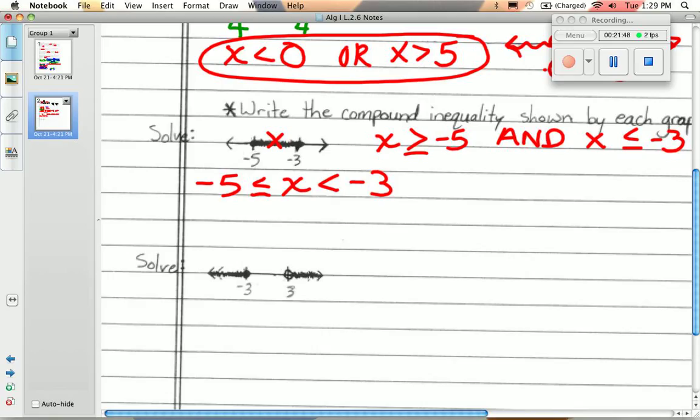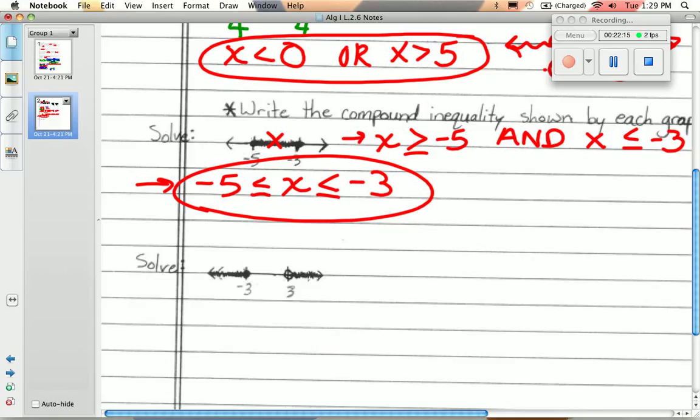We've got to decide that. Because this says x is greater than, if we read this from the middle out, does that say x is greater than -5? Yeah. And x is less than or equal to -3, reading from the middle out. So here's our compound inequality that represents that graph.